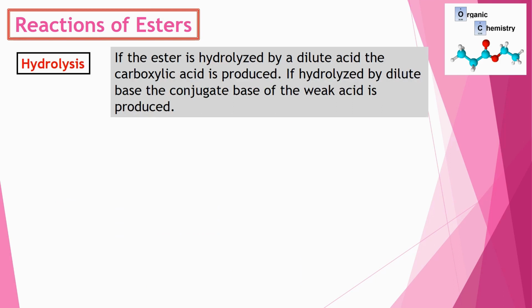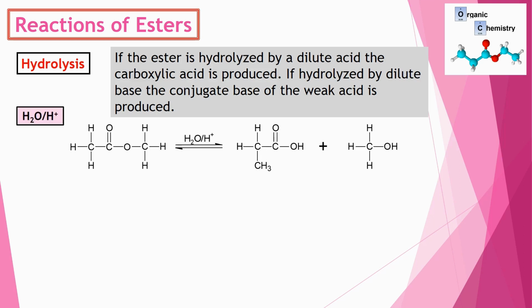Okay, so esters can be hydrolyzed by dilute acid, and we can use dilute base as well. If we use acid, the carboxylic acid is produced and the alcohol. If we use base, the carboxylate ion is produced and the alcohol. So what do I mean by that?